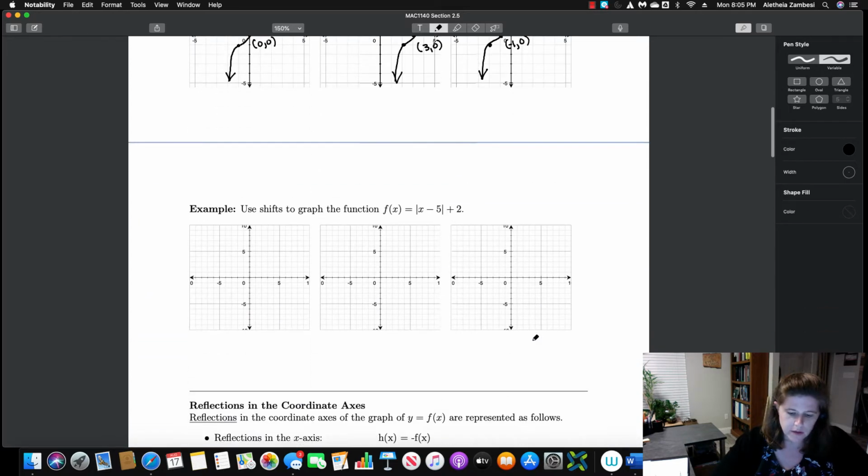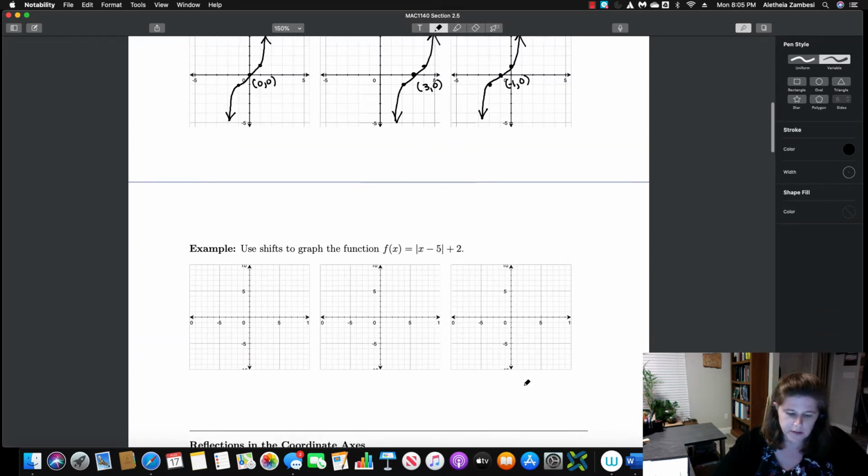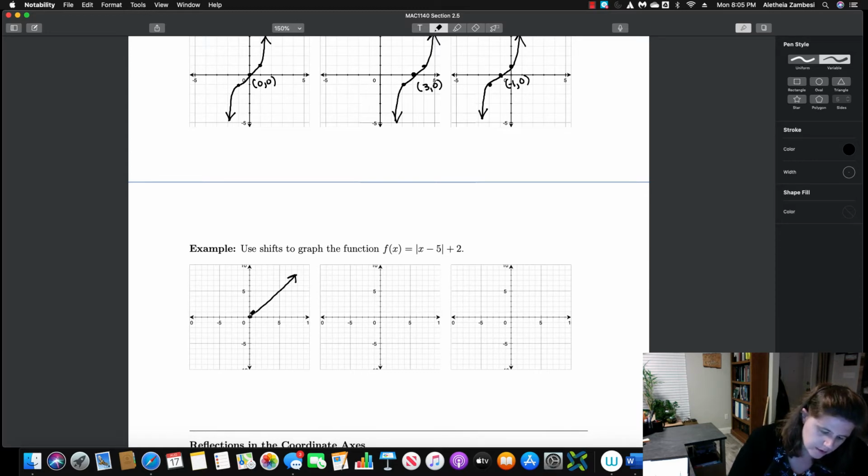We'll talk about some more shifts in a minute, but if I want to graph this absolute value function that has been shifted, remember that we start with the original. The original absolute value function is the one that looks like a V. It looks something like this, original point 0, 0. Now I'm going to address my vertical shift first. It's moving up 2 units.